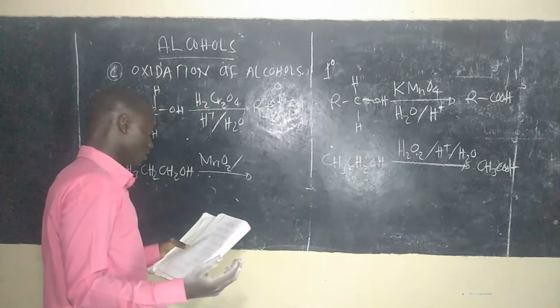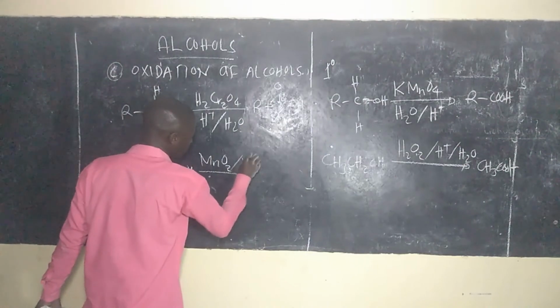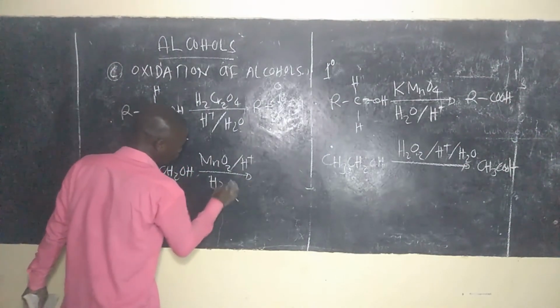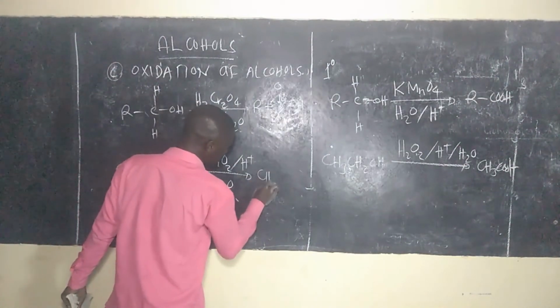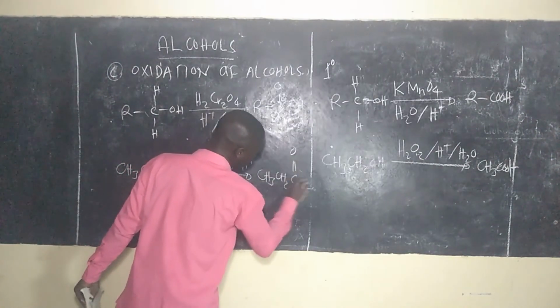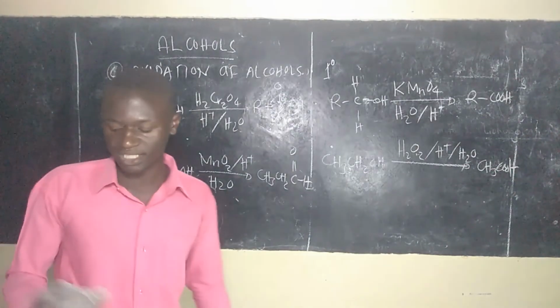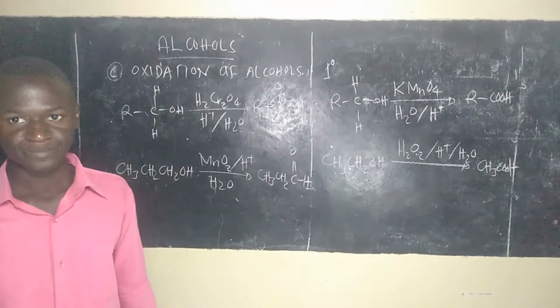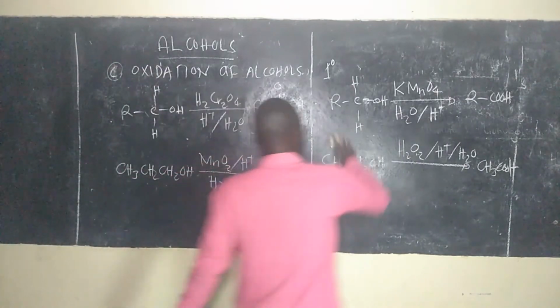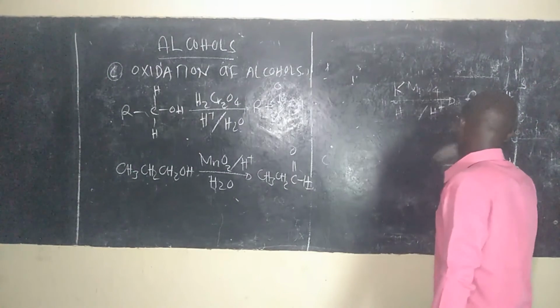From there tunakuja kupata hydrogen ile pale, water. Tunakuja kupata CH3 CH2 COOH. Weak oxidation of primary alcohol, we are getting aldehydes.